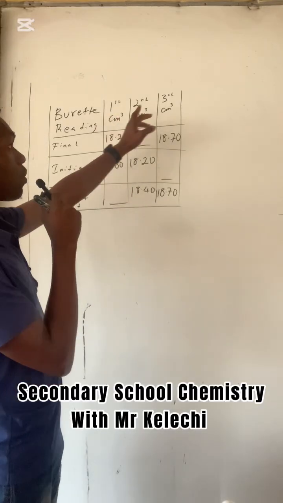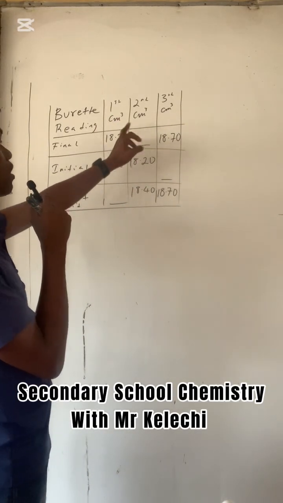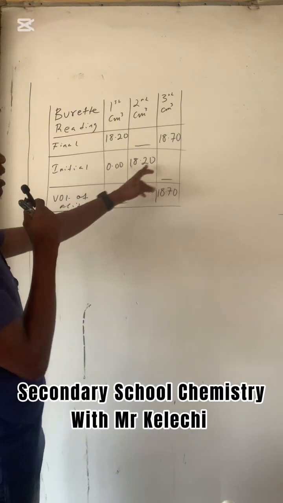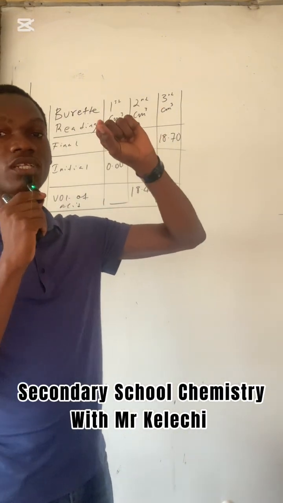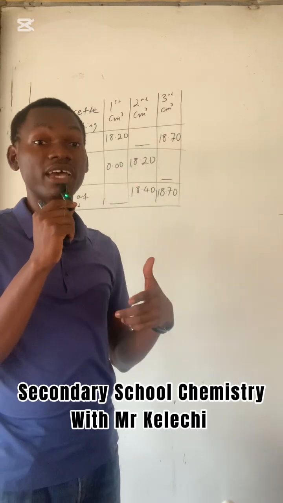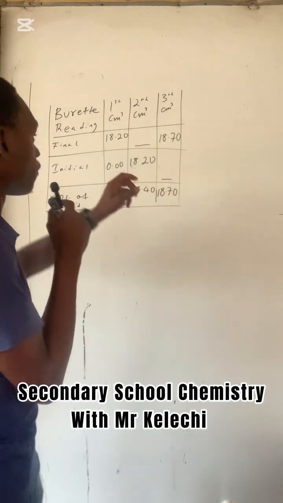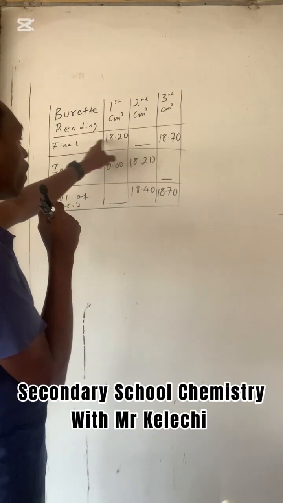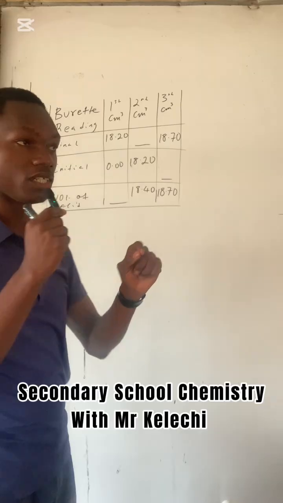These numbers here are the final readings of the first, second, and third. These are the initial readings. The initial reading is the value you started with when you started your practical, the initial burette reading, and the final is what you got at the ending part of the burette reading.